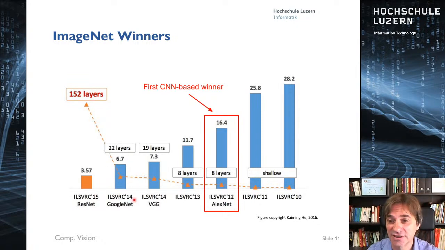We will look at those architectures until finally, in 15, they used 152 layers for the network that performed best, and with that they were able to drop the error rate to 3.57.